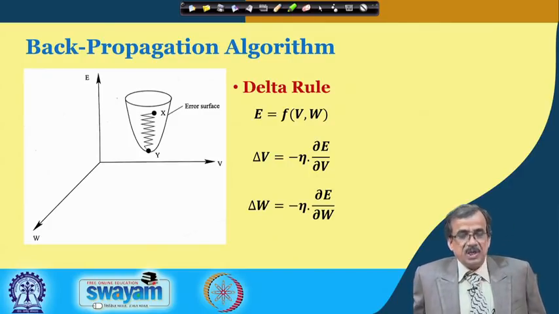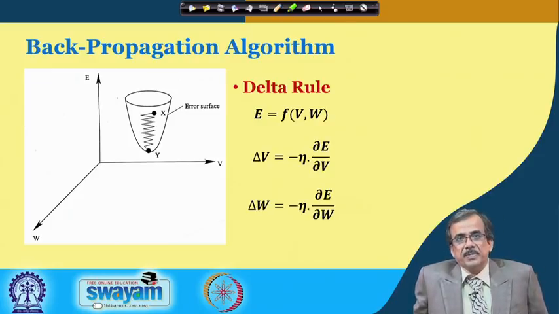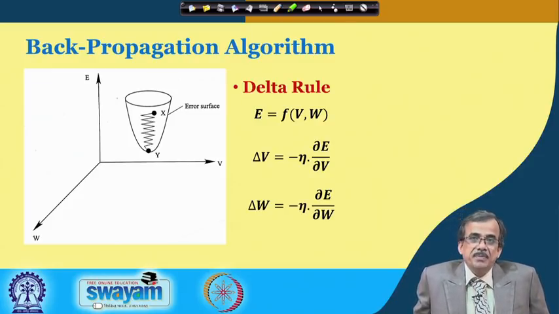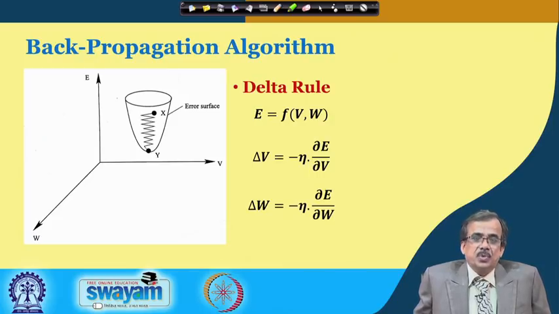Now, here I am going to discuss how to minimize this error in prediction. To minimize the error in prediction, we will have to take the help of one optimizer or one optimization algorithm.